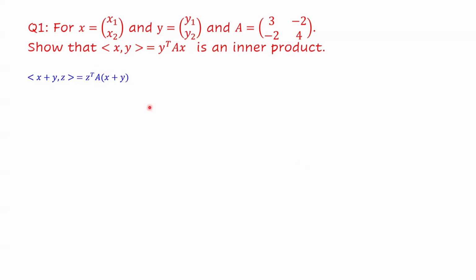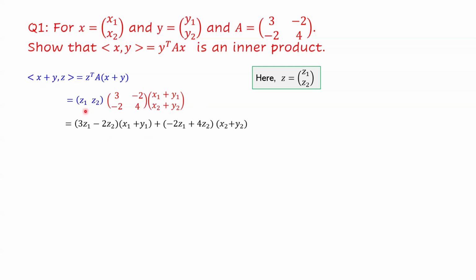In this case, we consider z to be like x and y, from R2, and denote it as z1, z2. So z transpose will be z1, z2, and A is the matrix 3, minus 2, minus 2, 4, and x plus y is x1 plus y1, x2 plus y2.